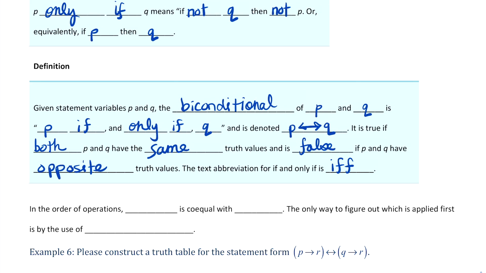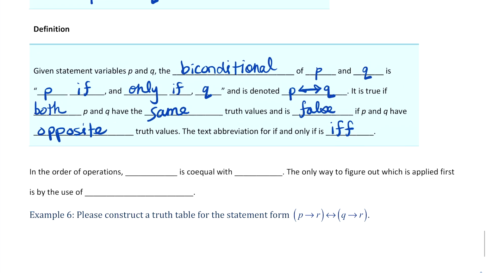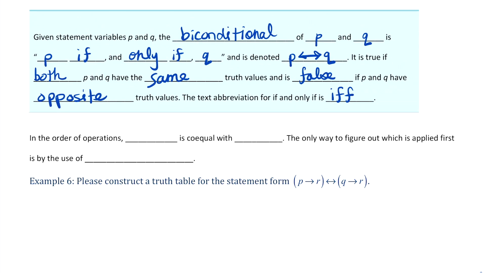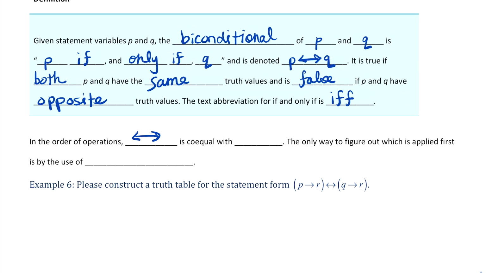So no, your math teacher is not misspelling if. They are representing if and only if. Okay, in the order of operations, this if and only if symbol is co-equal with the if, or the then arrow, the implication arrow, going one way. So the only way to figure out which is applied first is by use of parentheses.